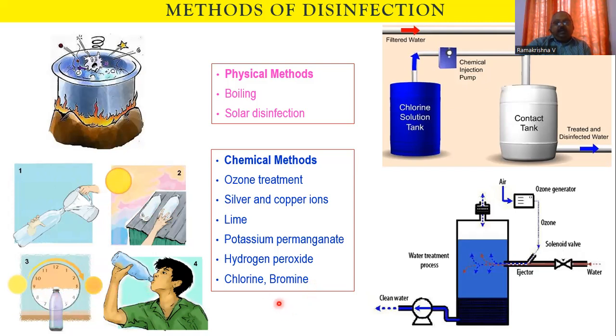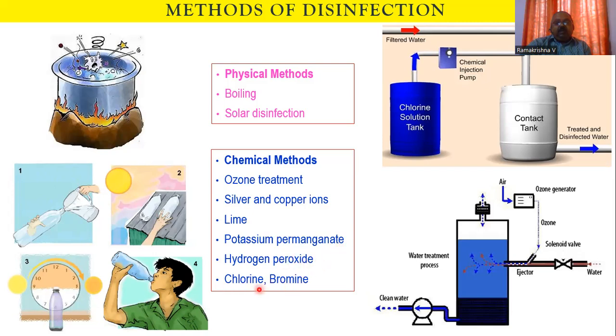Artificially, we add chemicals, in what are called chemical methods. We use ozone to destroy these microorganisms. Silver and copper ions have been used for centuries. Lime is a good disinfectant. Potassium permanganate is used in some places. Hydrogen peroxide is also used.